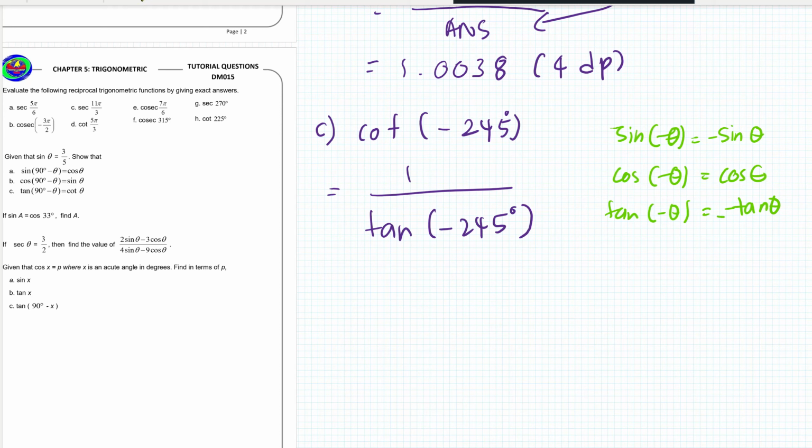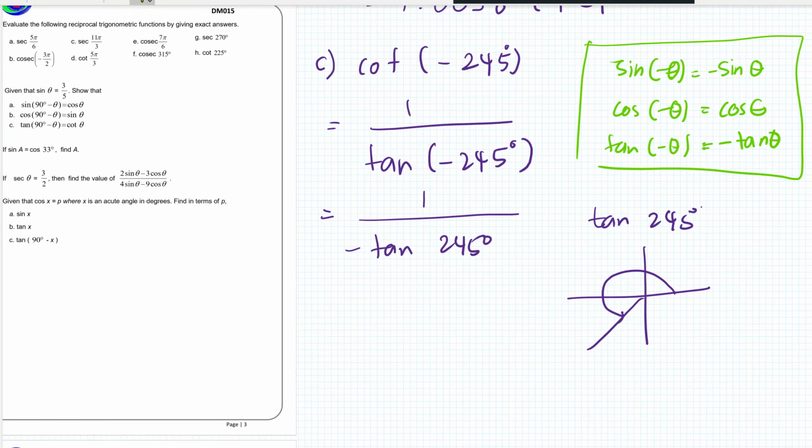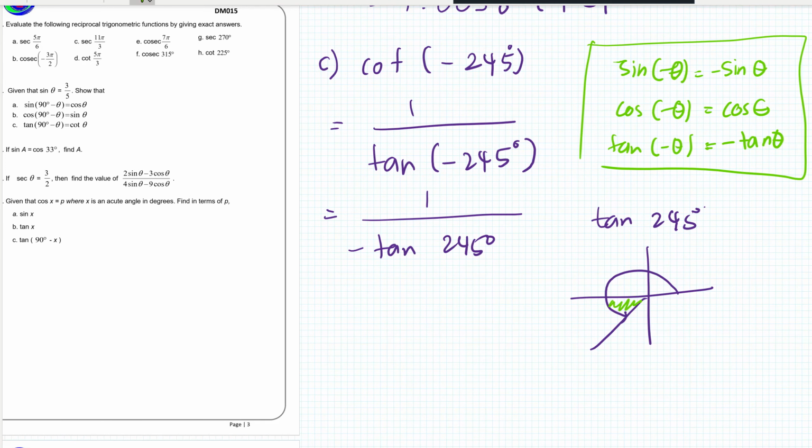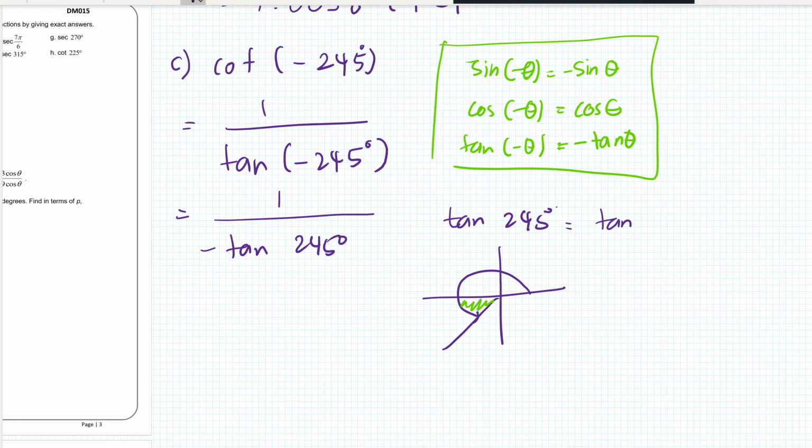If we find the basic angle, tangent 245 is equal to tangent of 245 minus 180, so the answer is tangent 65.